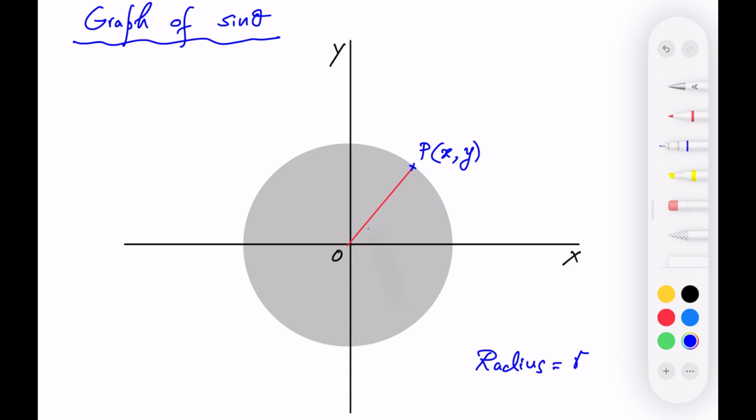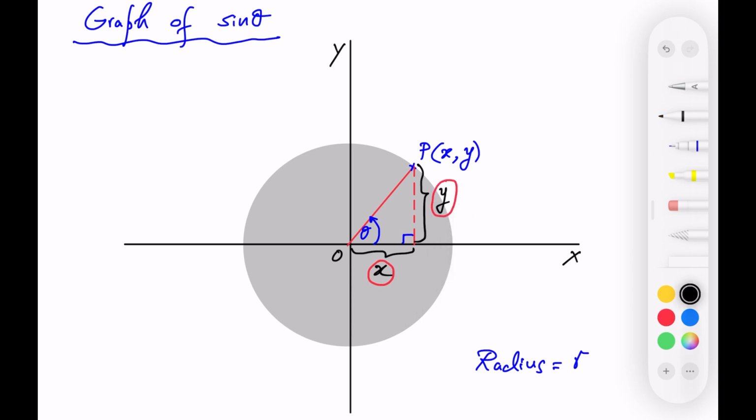We labeled the angle right here as angle theta, and we said when we measure that theta counterclockwise from the OX axis, it was positive, and if you measured that angle clockwise, that's going to be negative. And then we drew the perpendicular line from P onto the OX axis. We showed that the angle right here is 90 degrees, and then we said the length right here should be equal to x, and the length right here should be equal to y.